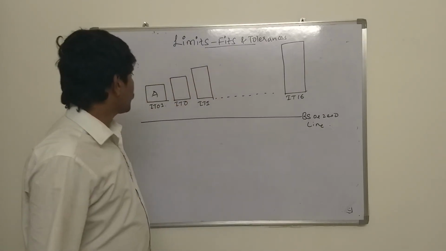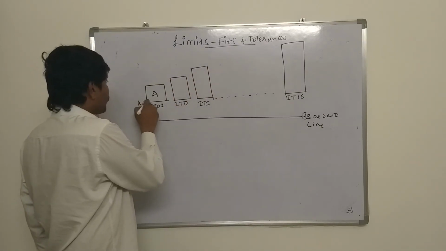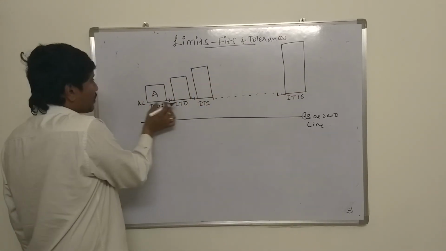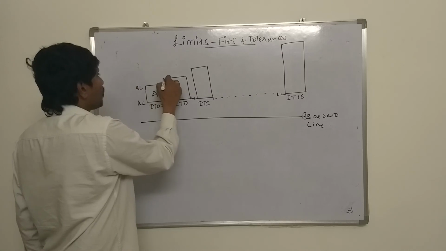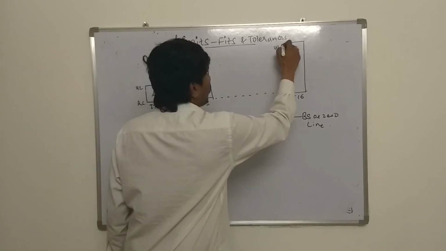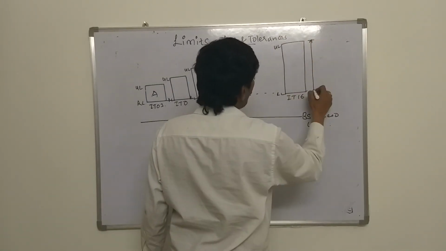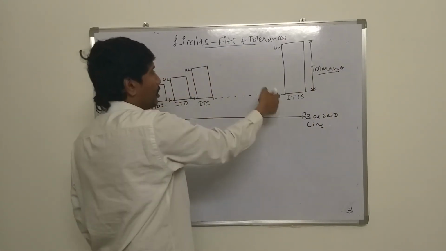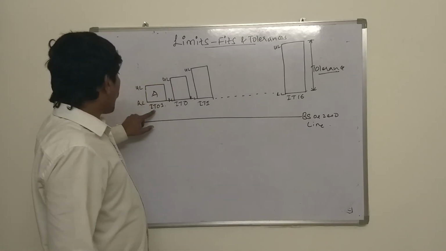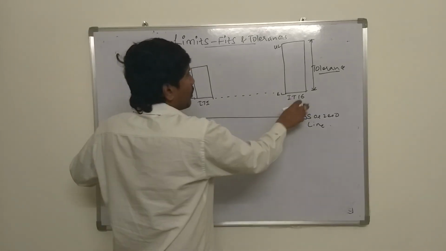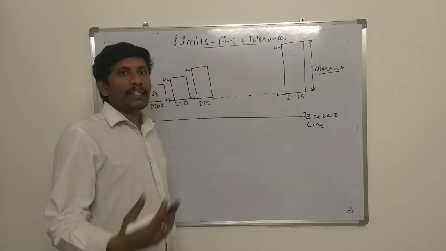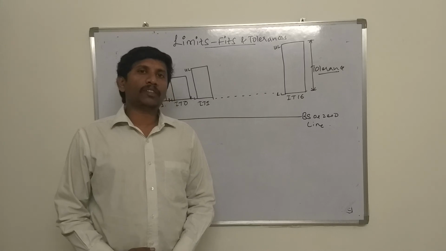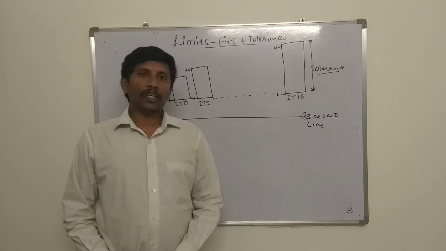Here the lower limit, which is the fundamental deviation, is fixed. As the tolerance grade increases, the upper limit changes. The difference between the upper limit and the lower limit is the tolerance value. So as the tolerance grade increases, the tolerance value increases. We will see the importance of these tolerance grades in my next lecture. Thank you.